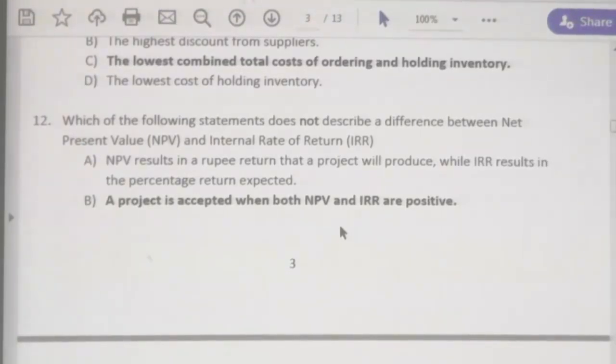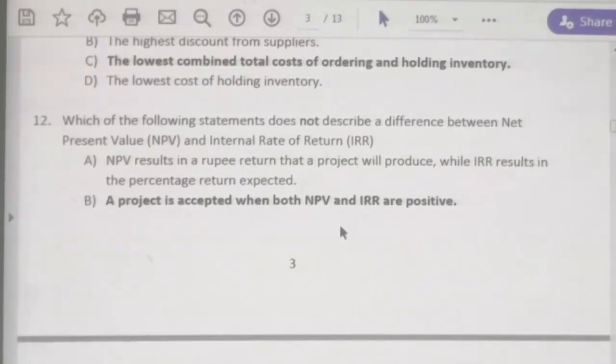Therefore, you will select a project which has a cost of capital less than the IRR, because when you have a rate less than the IRR, you have a positive NPV. When your project cost of capital is more than the IRR, you have a negative NPV.